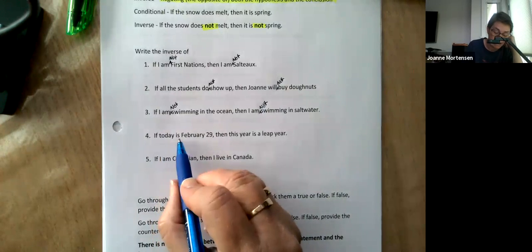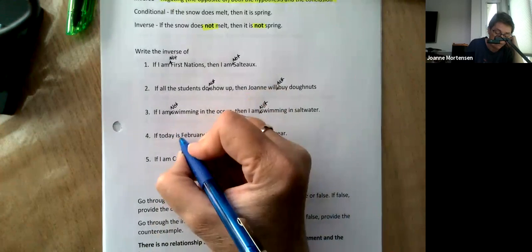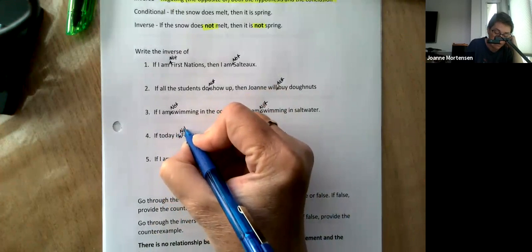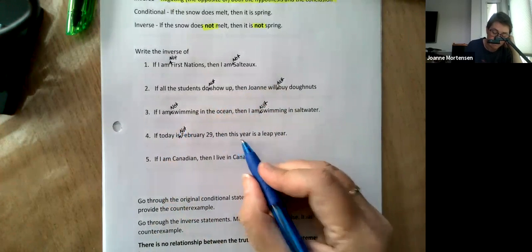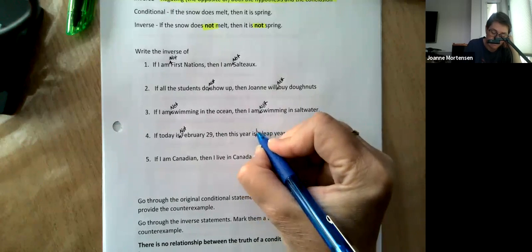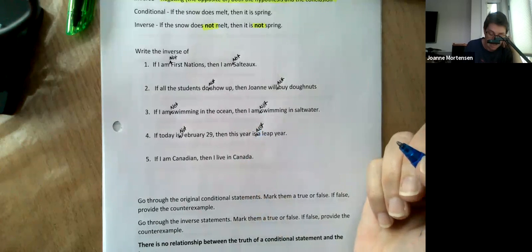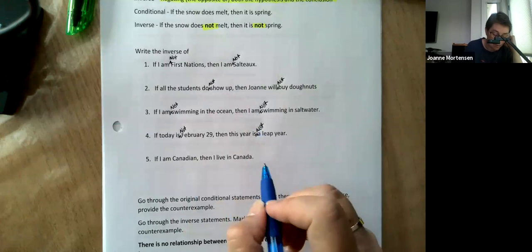All right, if today is February 29th, then this is a leap year. If today is not February 29th, then this year is not a leap year. If I am Canadian, then I live in Canada. Okay.